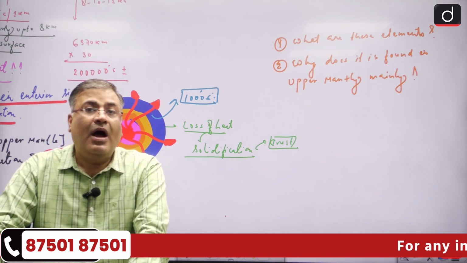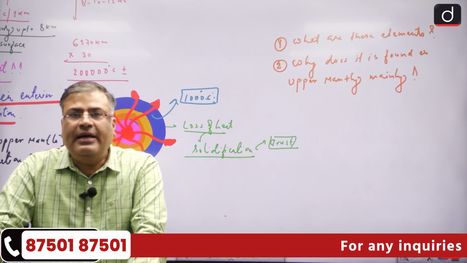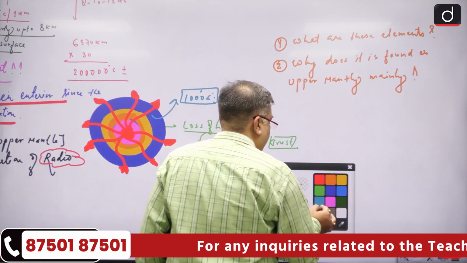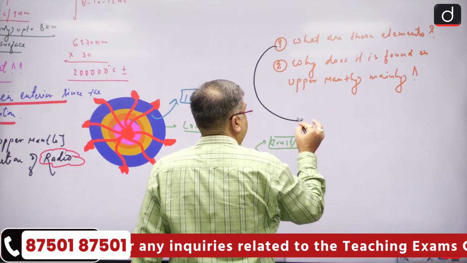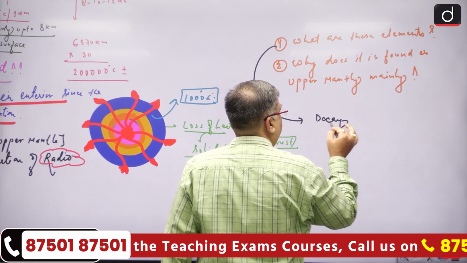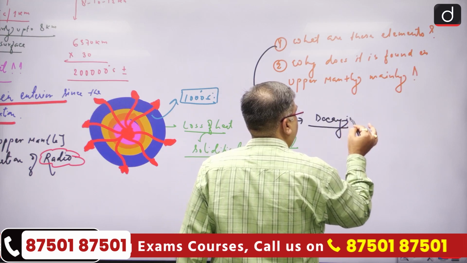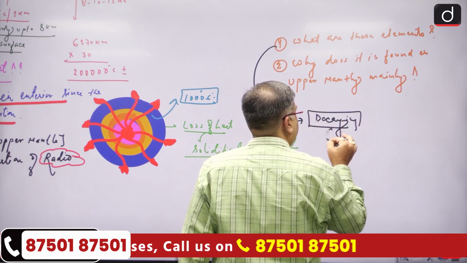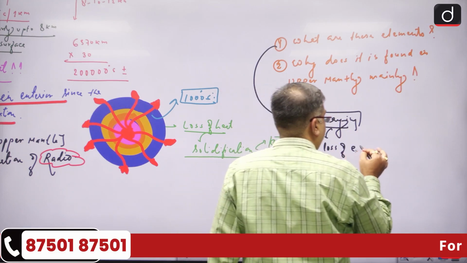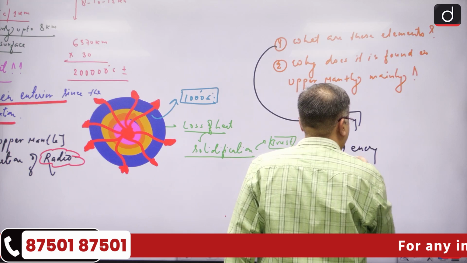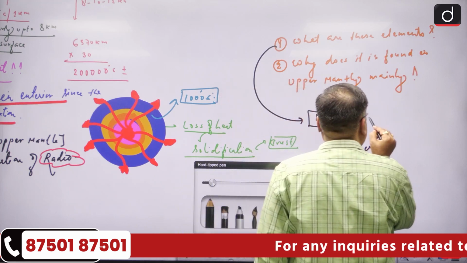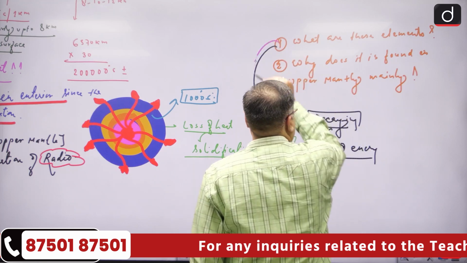Because of their instability, they start decaying. Decaying means loss of energy. Good examples of those radioactive elements are there.